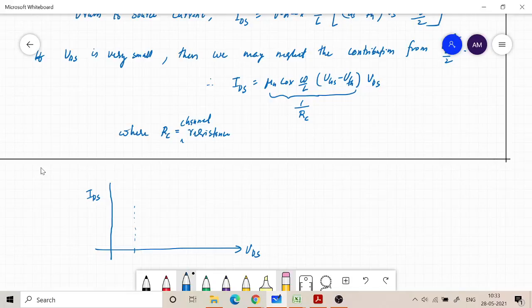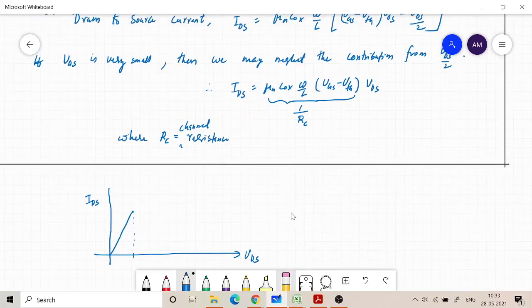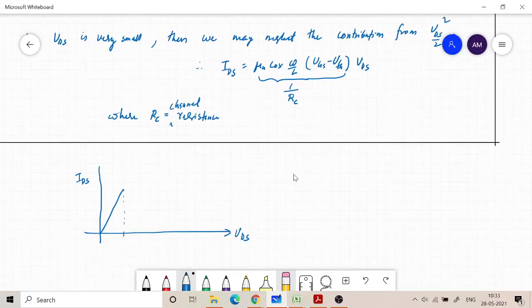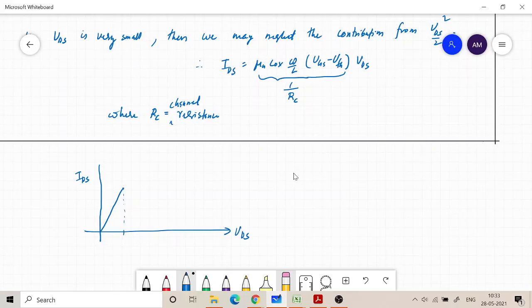So it will go like a straight line. But then after that the second term becomes prominent, so we need to take into account the full equation where there is a minus VDS square by 2, so the second term is going to reduce the increase.